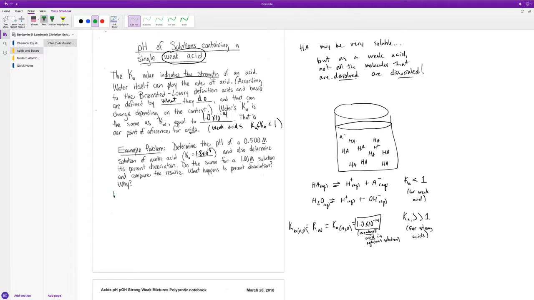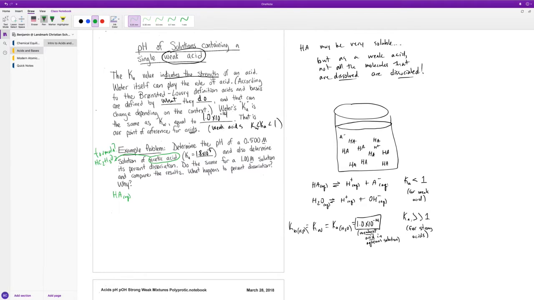So HA, in this case, even if you don't know the formula of acetic acid, this is a good thing to know. Even if you don't know its formula, like what is acetic acid? I can't remember. Right? Maybe you do. HC2H3O2.